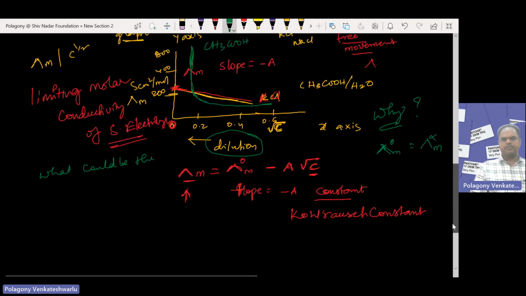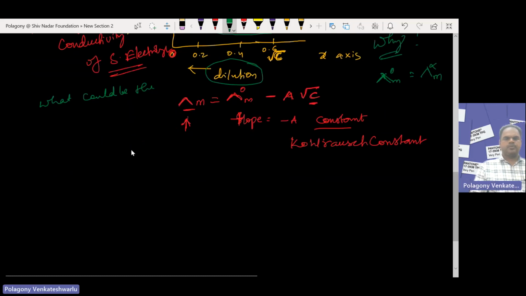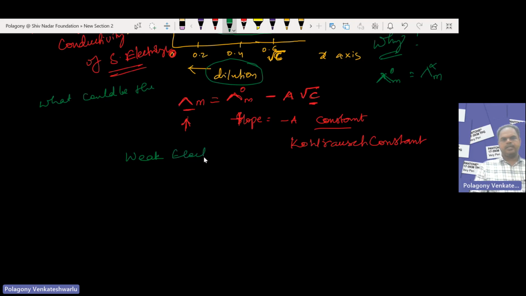For the weak electrolyte like acetic acid, the degree of dissociation gives CH3COO minus plus hydronium ion in the water.